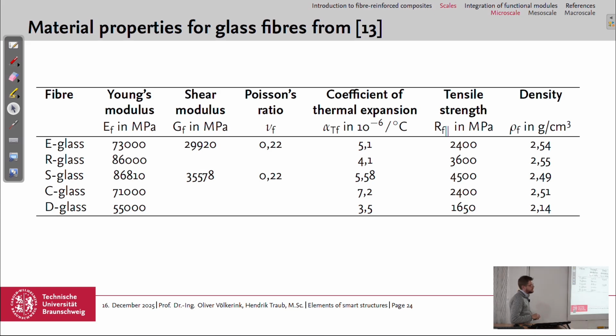If we look at the material properties of some different glass materials, so all glass fibers but different types, they have a Young's modulus of the fiber between 55 and 86 gigapascals, a Poisson's ratio of 0.22, tensile strengths between 1,650 and 4,500 megapascals, and densities around 2.5.